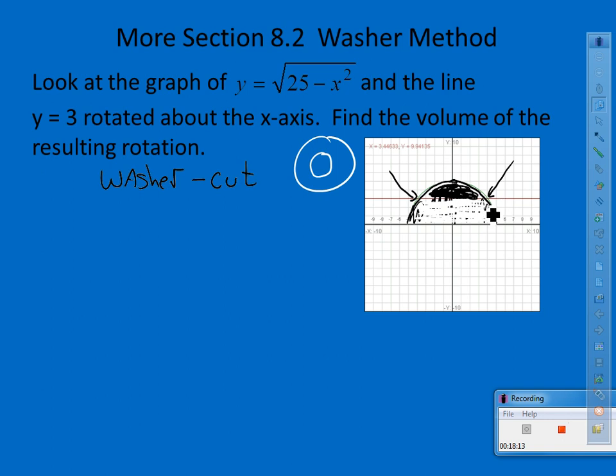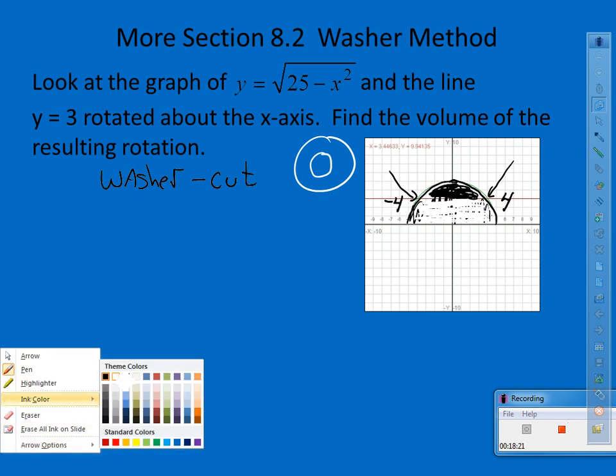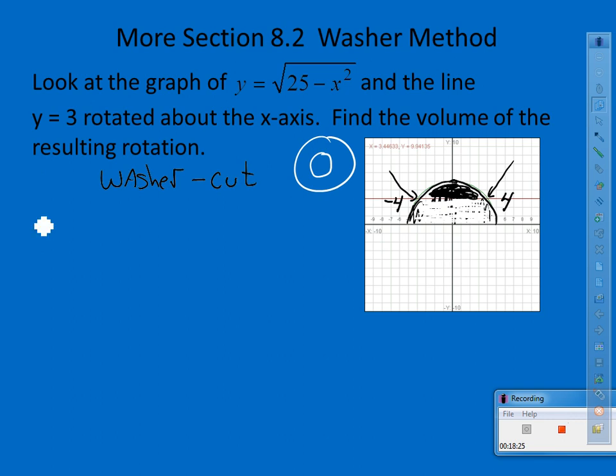And when I did that, it looks like they're going to intersect at 4 and negative 4. So here's how this problem is going to set up. To find the volume of that thing, it's going to be pi times the antiderivative from negative 4 to 4 of your upper bound squared minus your lower bound squared.